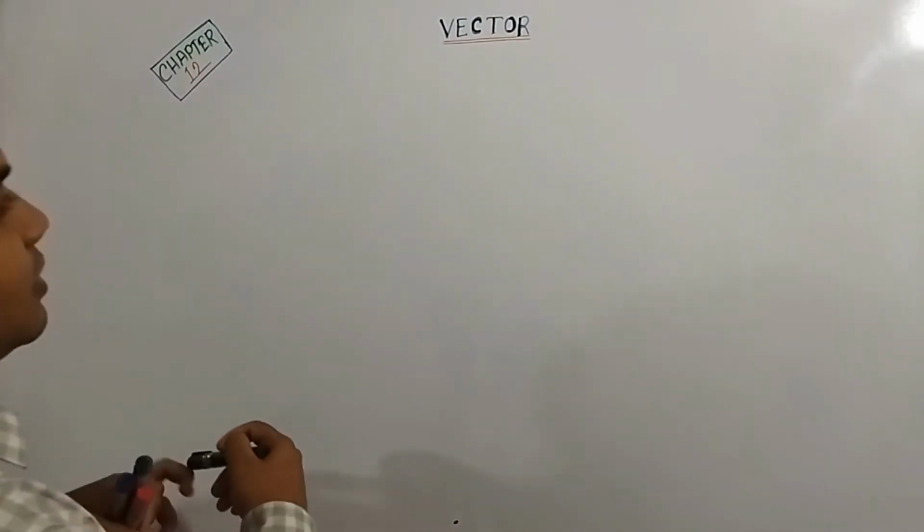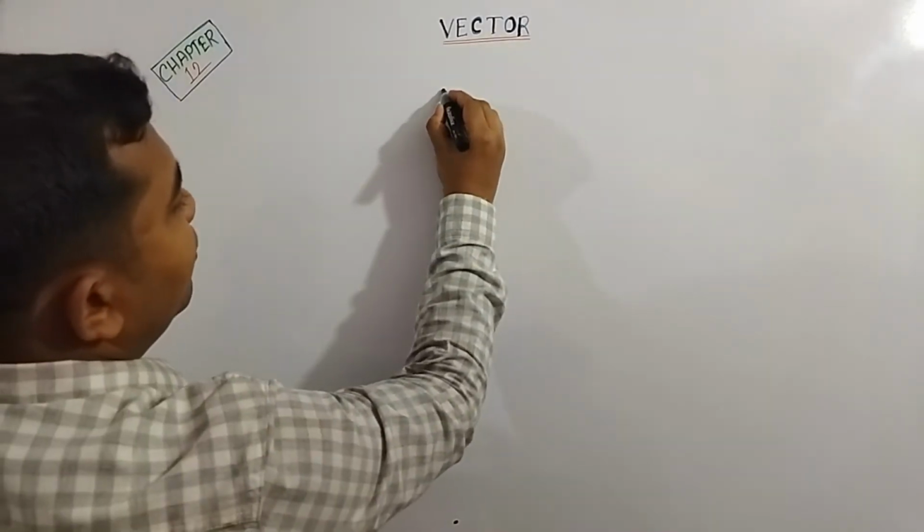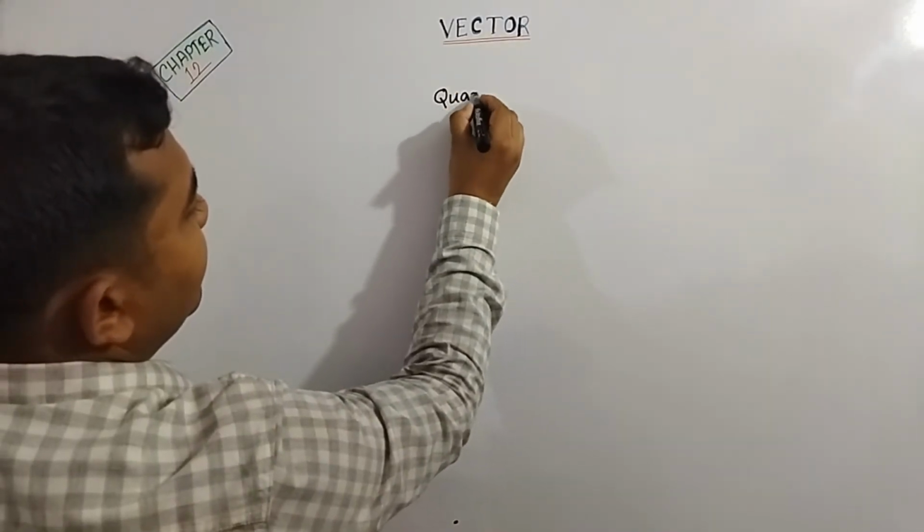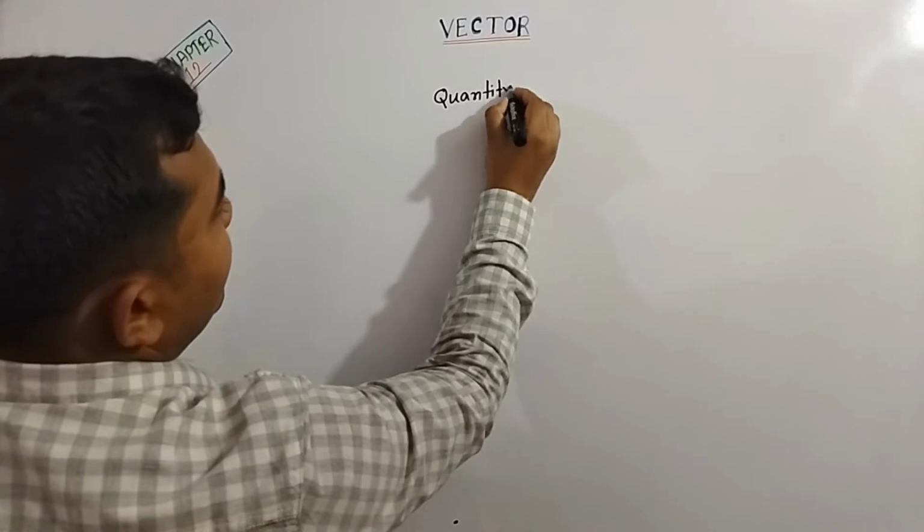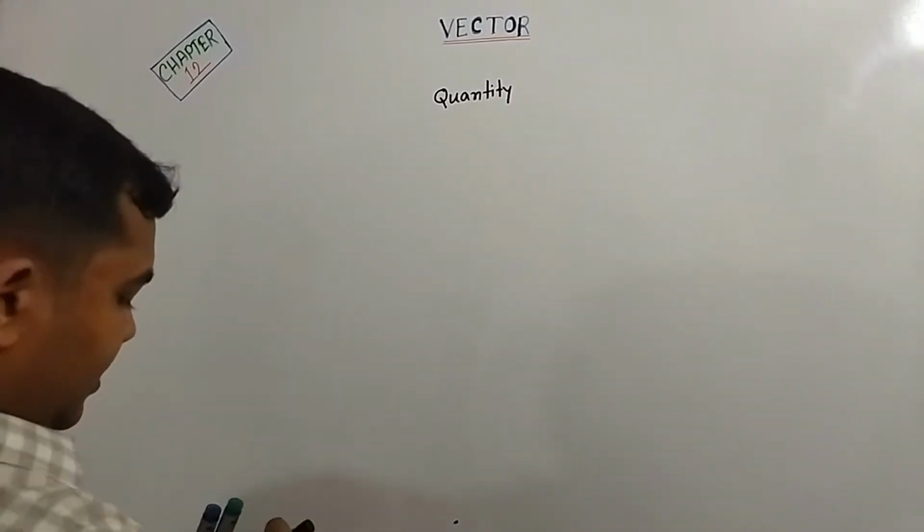We need the direction also. So among this, we can divide the quantity into two parts.